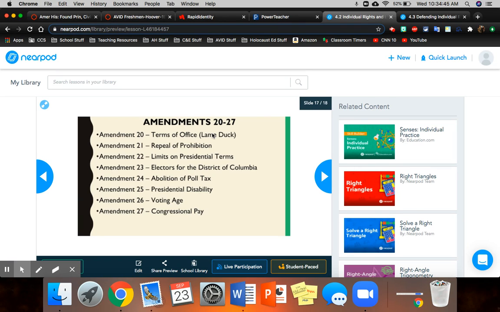If Tom Tillis loses the election for U.S. Senate in November, the time period from when he loses up until he is officially replaced by Cal Cunningham, that would be the lame duck session, because senators don't take office until the 1st of January. So throughout the rest of November and December, he's what's called a lame duck.